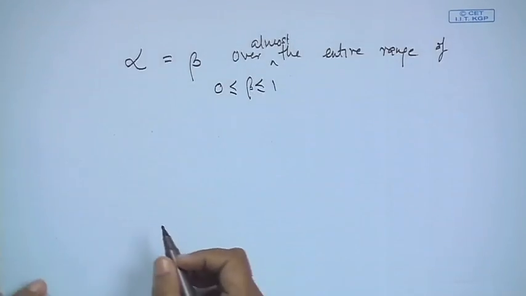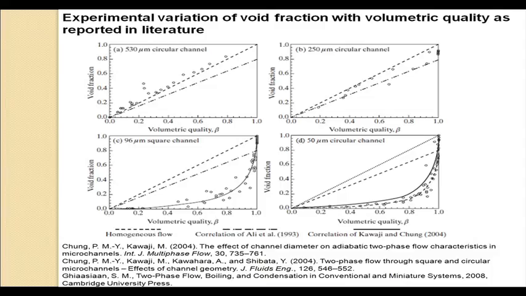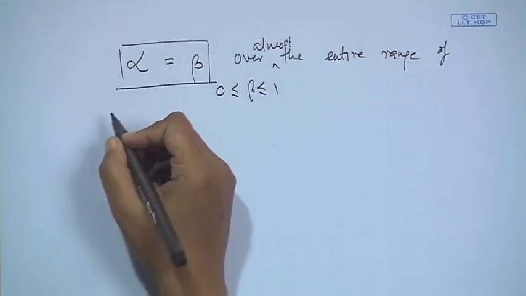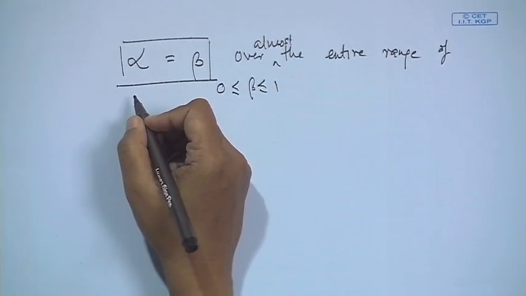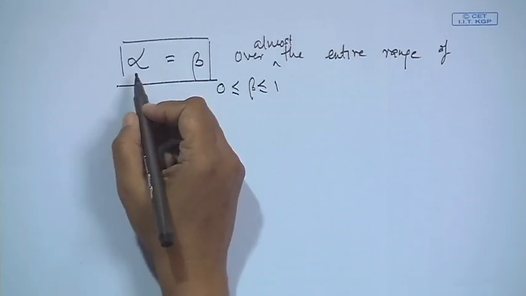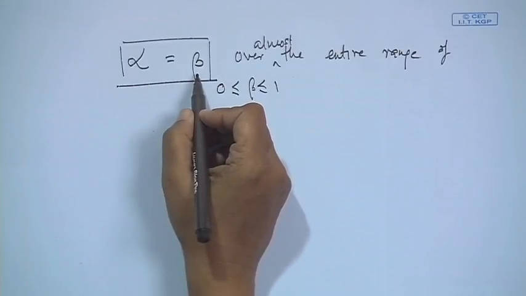This is quite evident. Now, when we see that alpha equals beta, what does it automatically imply? It implies that the in situ and the inlet compositions are the same.